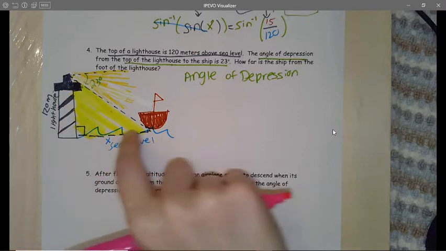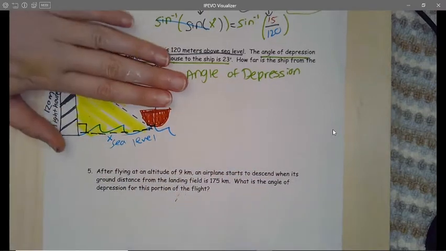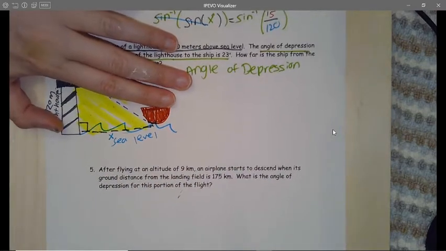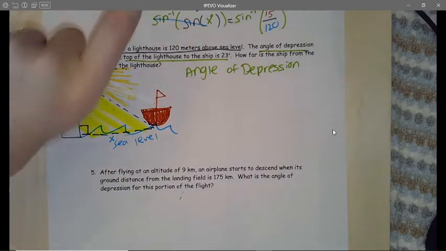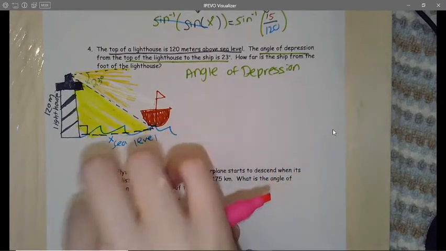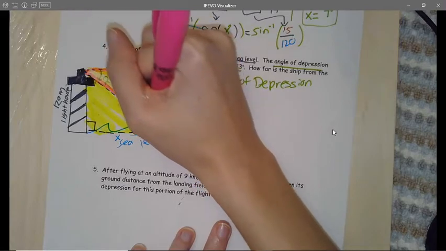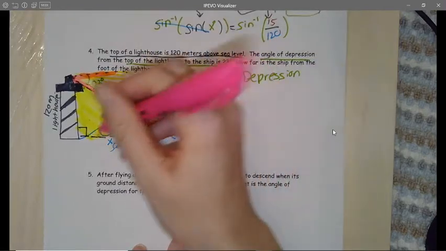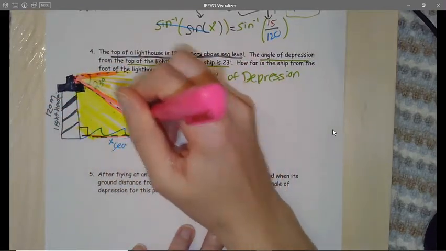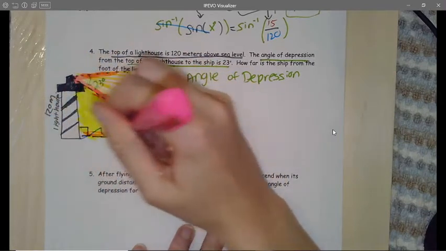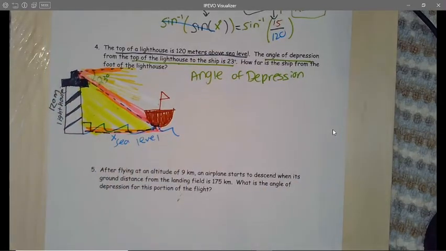If you look inside the right triangle, I don't have an angle given to me. But the angle of depression will help me to get an angle inside of my right triangle. If I trace the angle of depression, and then I trace this angle right here, do you guys see a letter forming?